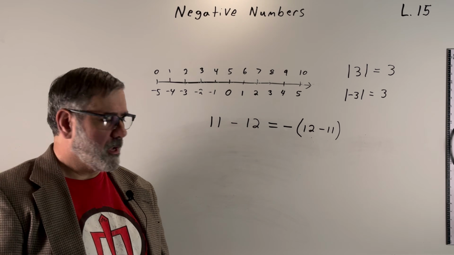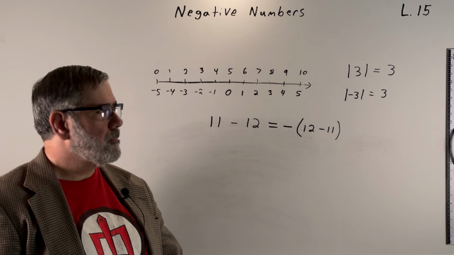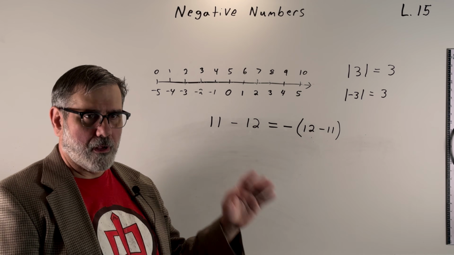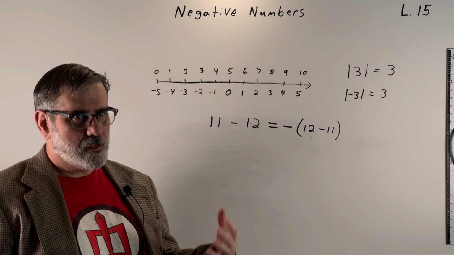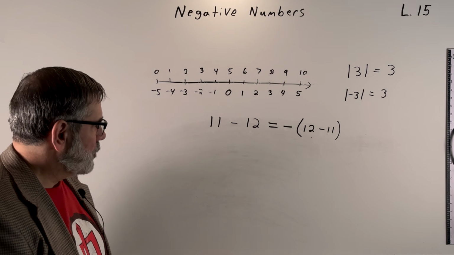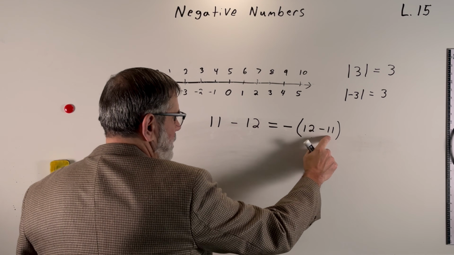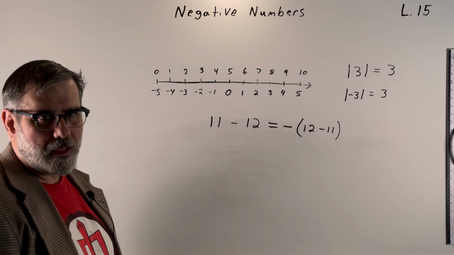You see? Because 12 is a negative number and it's bigger than 11, we're going to be in negative territory. If we only move 11, we're at 0, and we still have more to go. So our answer will be a negative number. And so the trick is we can reverse this, turn it into 12 minus 11, but make sure we put a negative sign on it at the end.